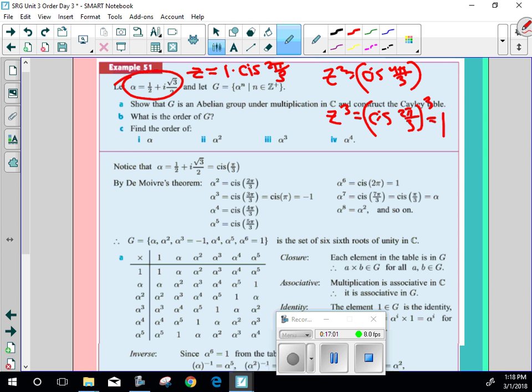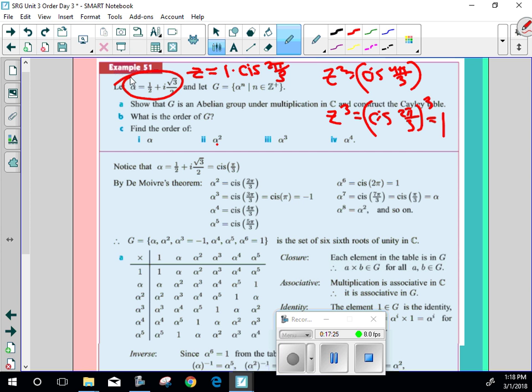And so what they're doing here is they have alpha, alpha squared, alpha cubed, alpha to the 4th. And then they showed you what these represented. Then they went, let's put it in a Cayley table and multiply them together. So here's 1 through alpha to the 5th.